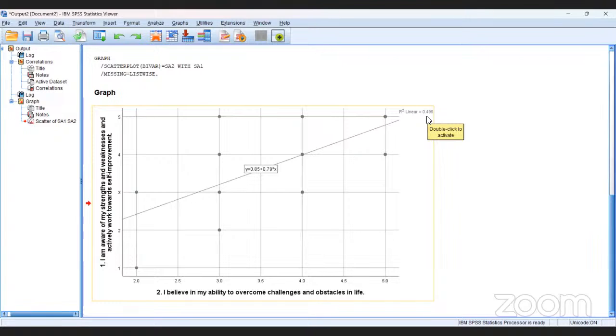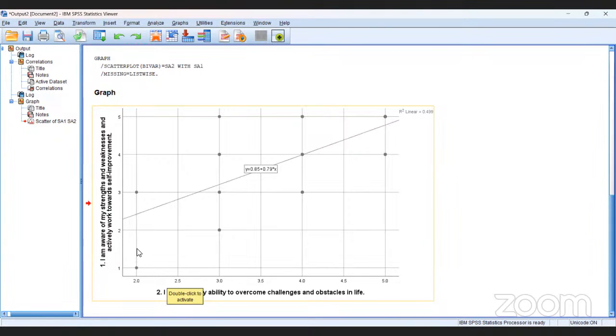So y equals a plus bx. Here you can find the 49, 50% variance. So 1 unit change in the x-axis means another 1 unit change in the y-axis. So this is the line.